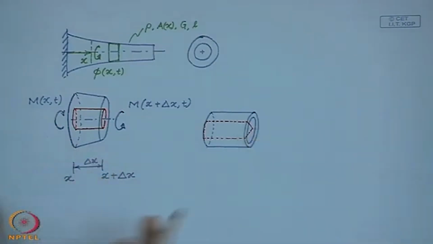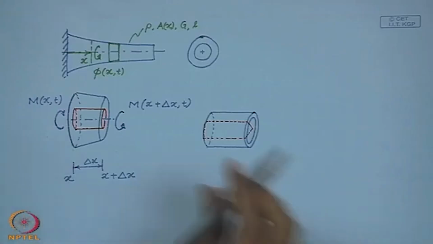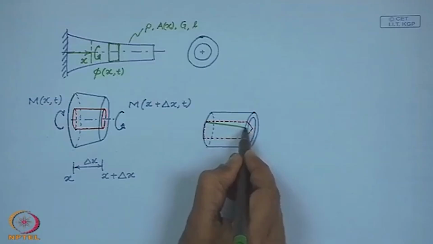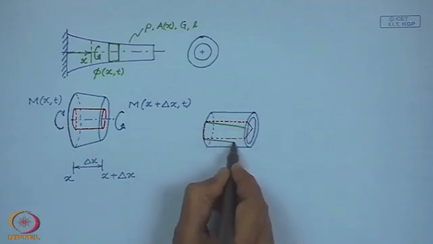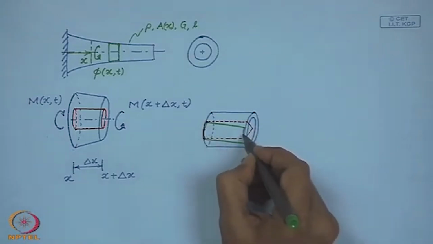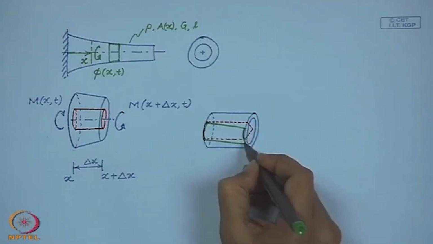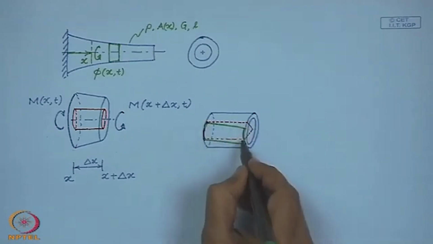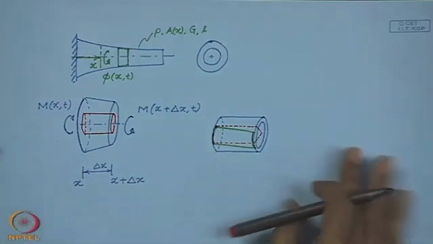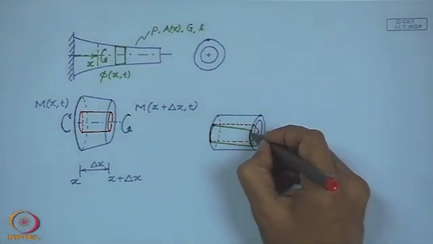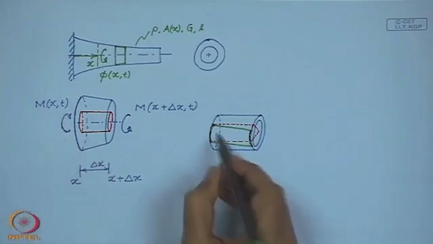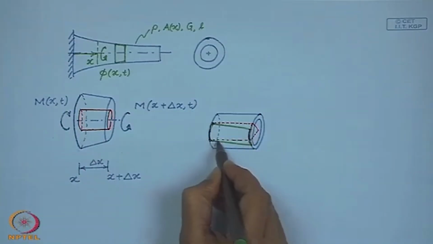Because of this differential rotation, this red element, which is somewhat like a rectangular element, is going to take up this configuration.